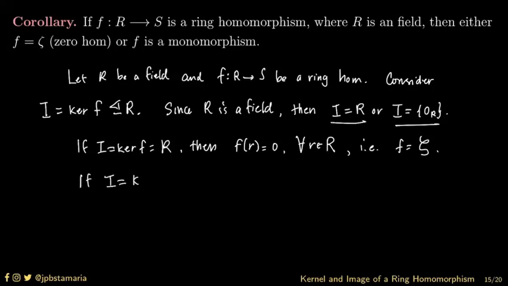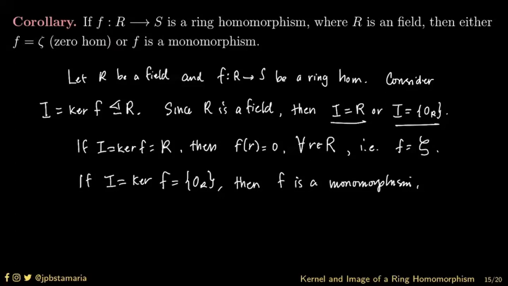On the other hand, dalawa lang naman ang cases, either I is R or I is zero. If I is the zero ideal, then by the previous theorem, pag zero lang yung laman ng kernel, anong masasabi kay F? F is a monomorphism. So tatandaan nyo, whenever the domain is a field, kung hindi zero yung ring homomorphism mo, automatic one-to-one siya.